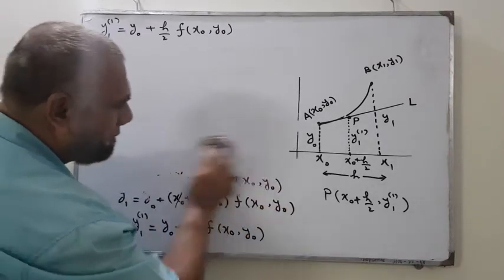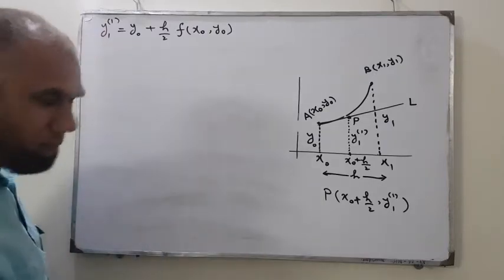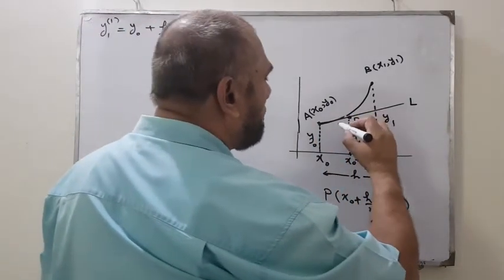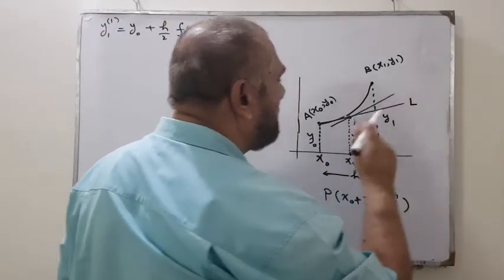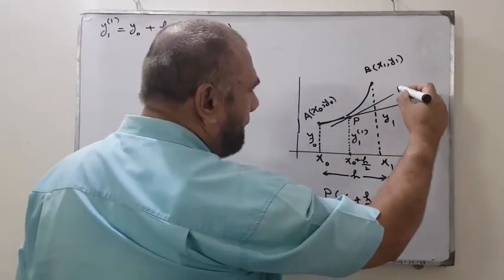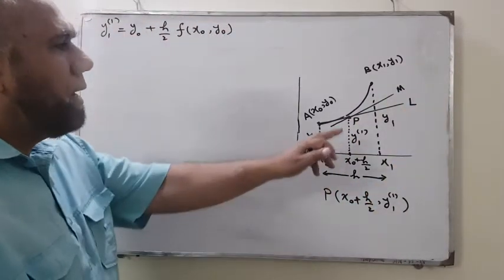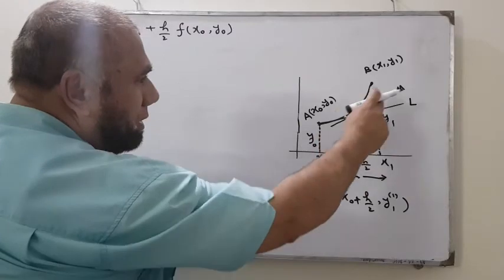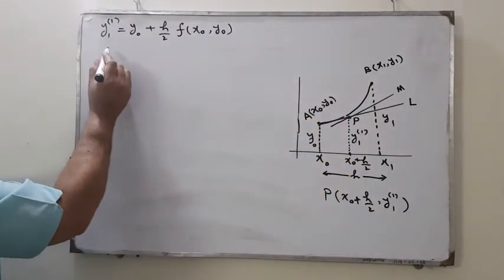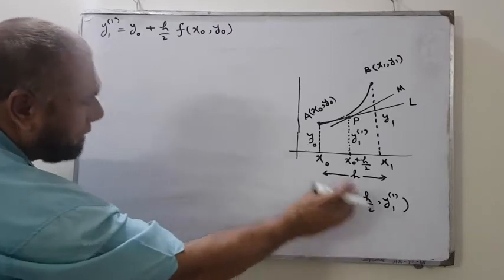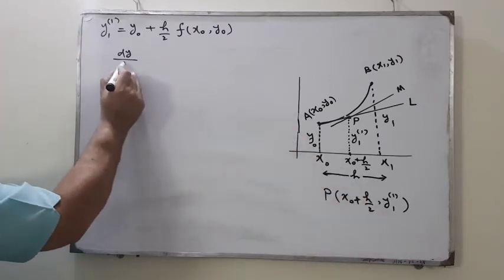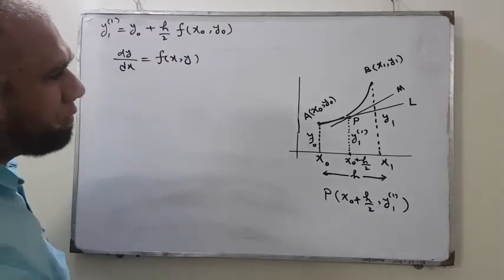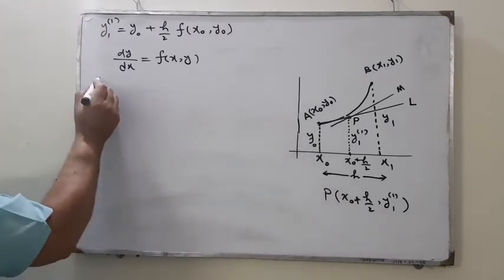Now we proceed to construct the formula. Here we have taken the midpoint. Now we are going to draw a tangent line at this point P, and we can call it PM. PM is the tangent line at the point P. The slope of the tangent line at P can be written using the differential equation dy over dx equals f of x, y.